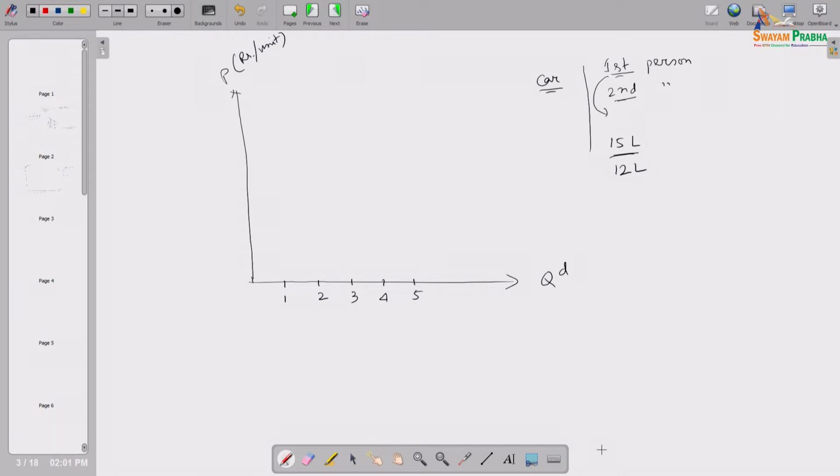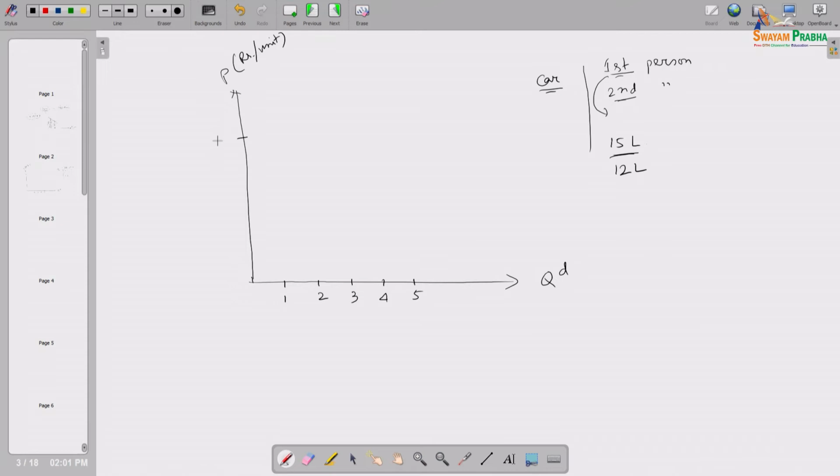So if that is the case, can you think of what the demand curve for the same car will be by the first person and by the second person and so on? Let us assume one abstract assumption also, that whoever the potential customers are here, if they buy that car, they will purchase only one piece.